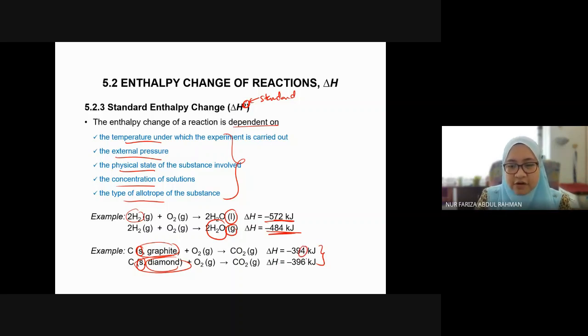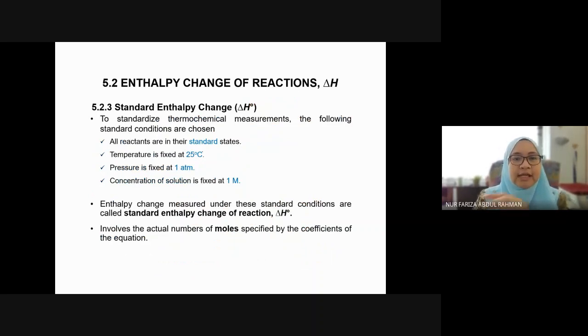This is 394, this is negative 396. Okay, alright, senang cerita, if you alter any of this equation, then by right, the delta H will be altered, because this delta H is specifically for this reaction. Okay, now baru kita go for standard enthalpy change.